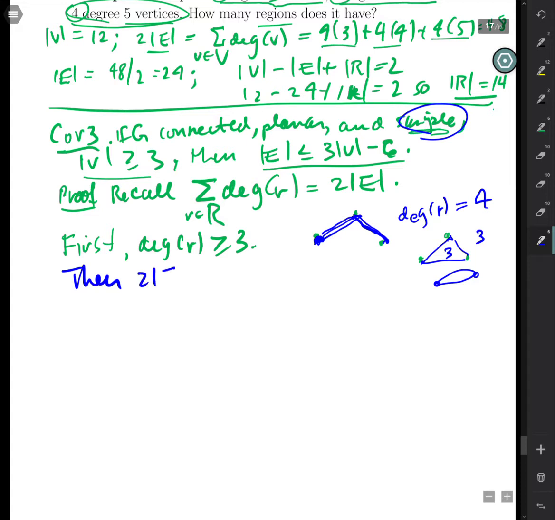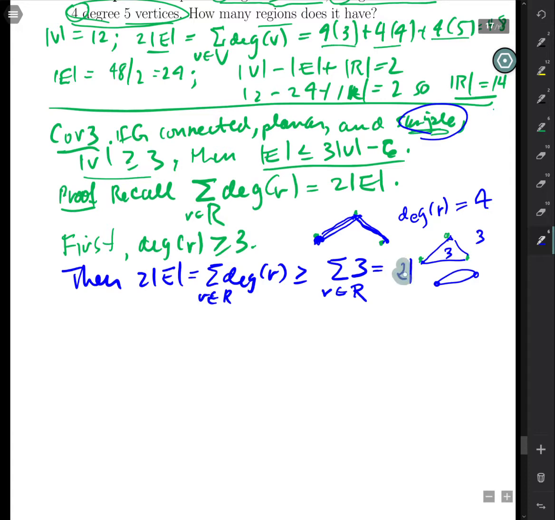And that means that 2 times the number of edges equals the sum of the degrees of the regions, summing over all the regions in R. It's greater than or equal to summing 3 for every region in the set of regions, that would be 3 times the number of regions.